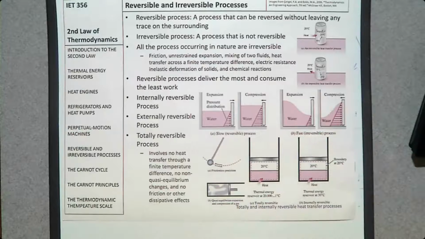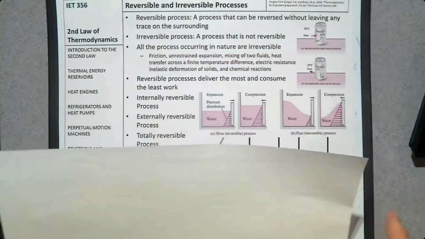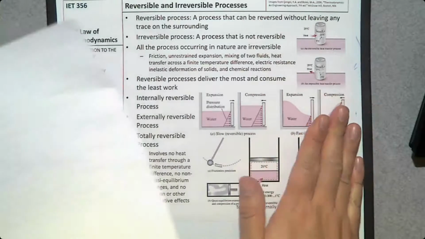Now we are going to talk about something interesting. Before we talk about reversible and irreversible processes, let me talk about one thing. Let's assume that we want to work for a power plant company. I want to work for a power plant that produces electricity for Mount Pleasant and our CMU campus.